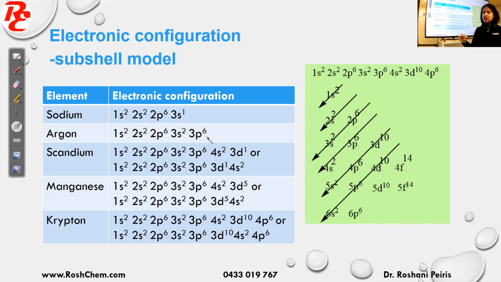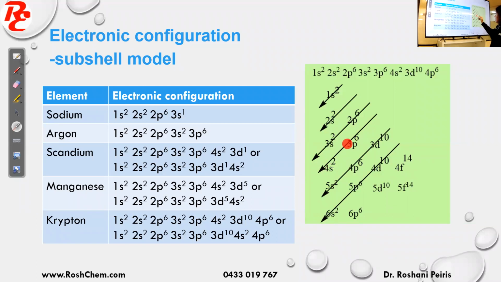Okay, now we look at scandium. Scandium is 21. So how do we make 21? Always count these top numbers. The top numbers must add up to 21. So follow these arrows diagonally like this. 1s2, 2s2, 2p6, 3s2, 3p6. Note, after 3p, it is not 3d, it is 4s.